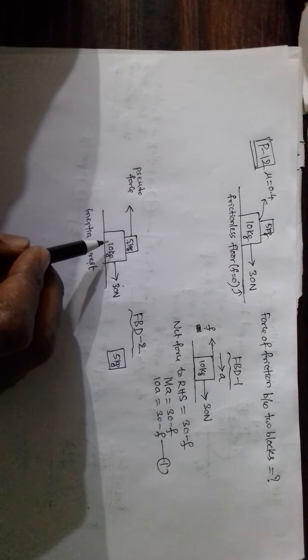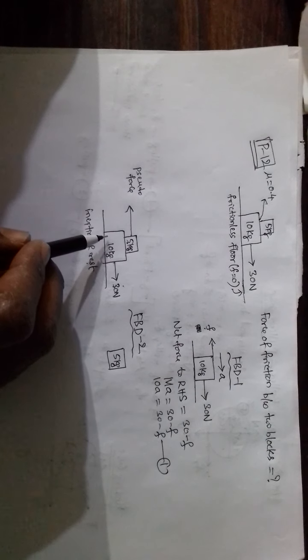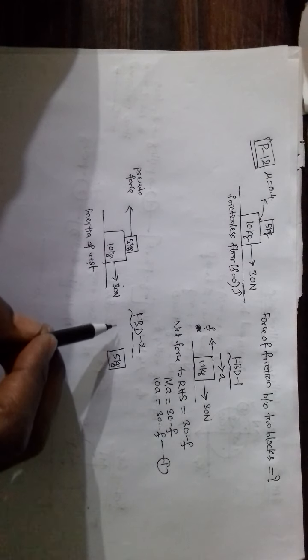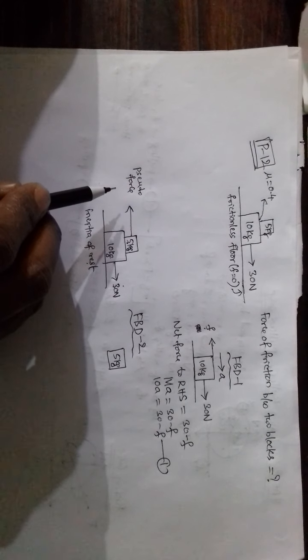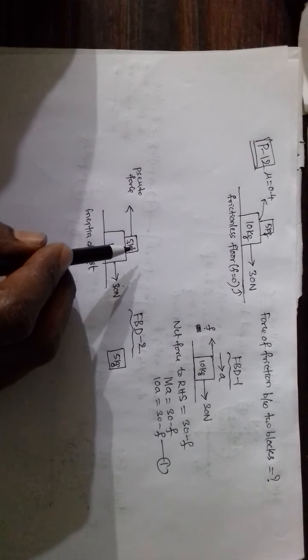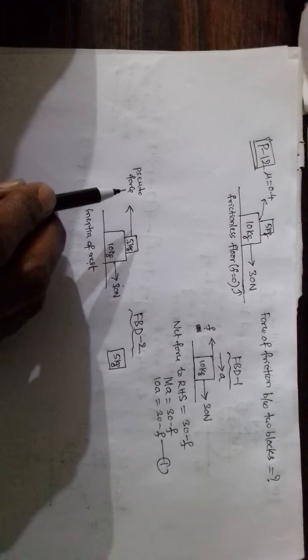Just like our experience, when our bus is suddenly accelerated to the right hand side, all the passengers move backward. A pseudo force appears on the persons, so they move backward.